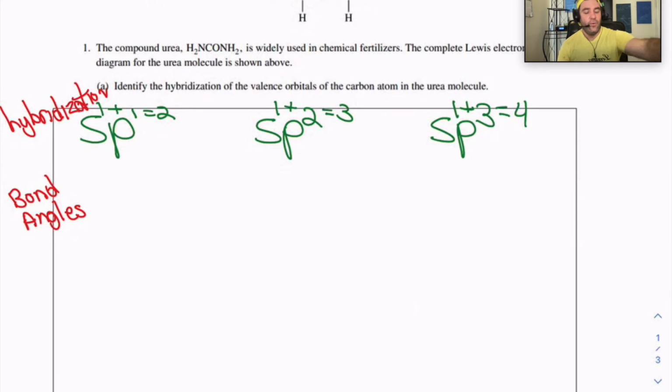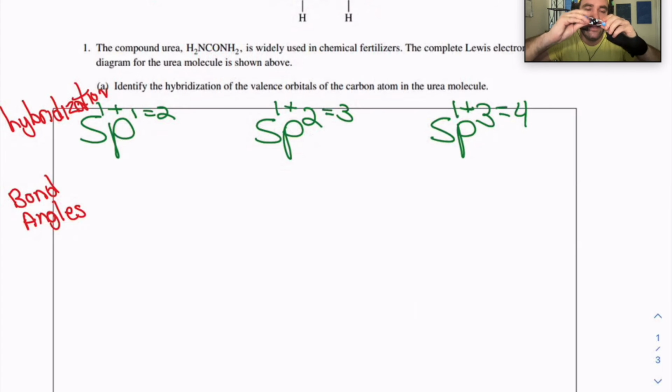All right, so the bond angles. SP1, or just SP, two things. Remember, 1 plus 1 is 2. Now, this is an SP molecule, so we have two things bonded on that. If you were to guess the angle of these bonds, think of this as flat, like this.